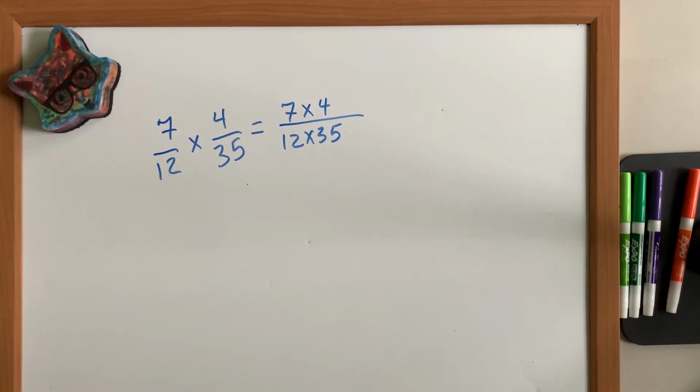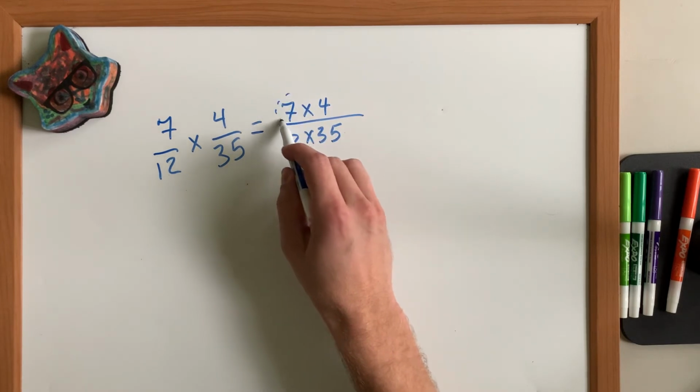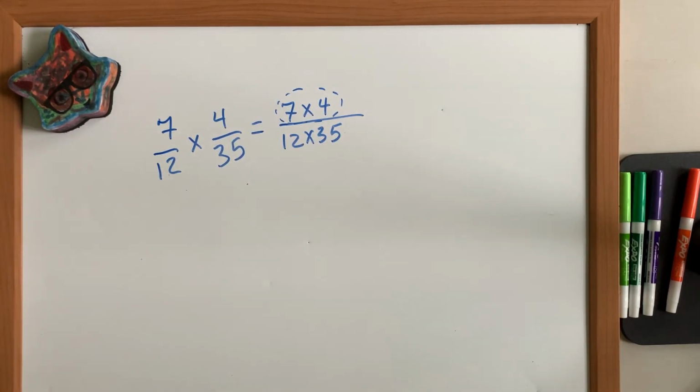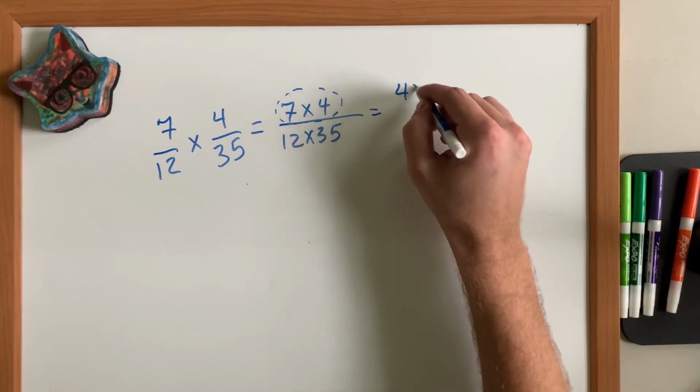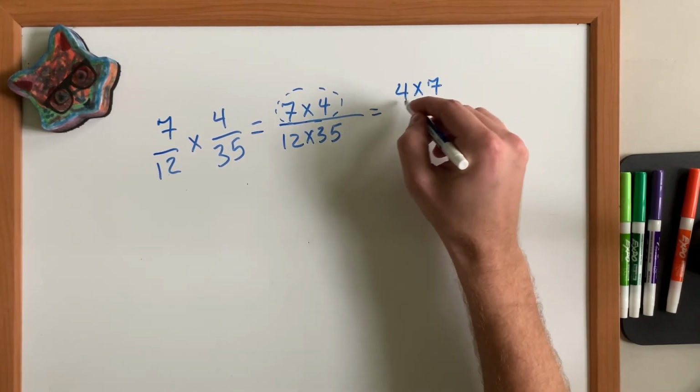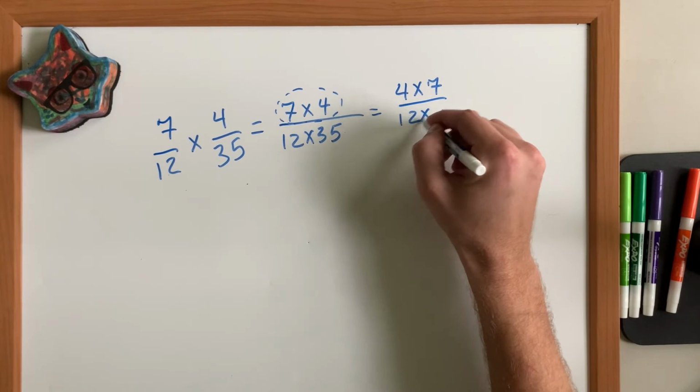And look at this. If I apply the commutative property to the numerator, that says that I can trade two numbers that are being multiplied and I get the same answer. So let's trade those and write 4 times 7 over 12 times 35.